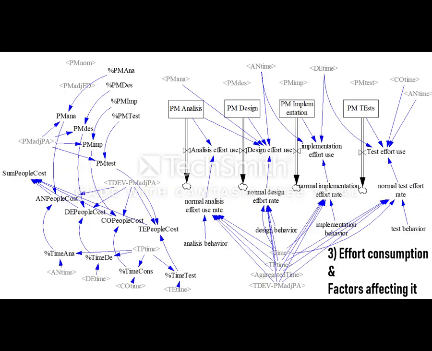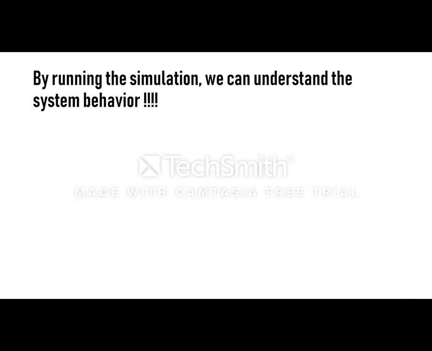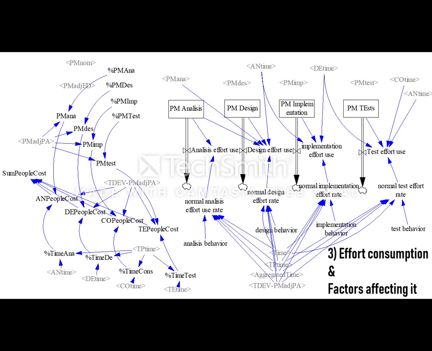And the third view is representing the effort consumption within the phases of the project. Each of the phases of the process will consume resources at a determined time. Well, that behavior is represented here.